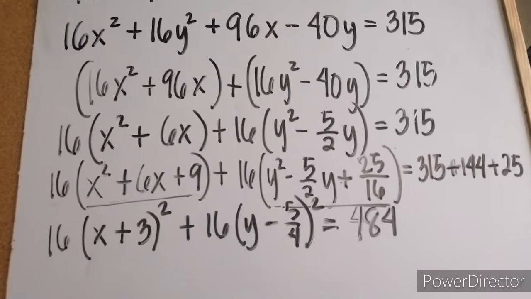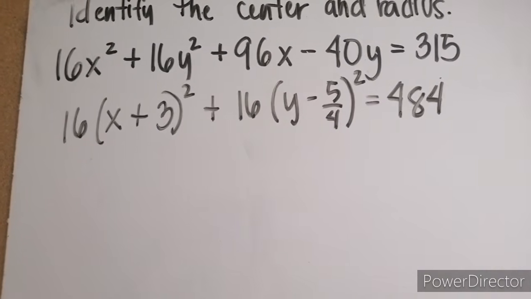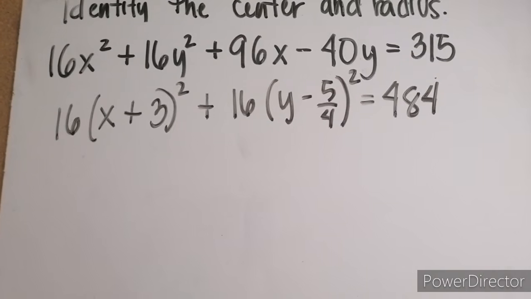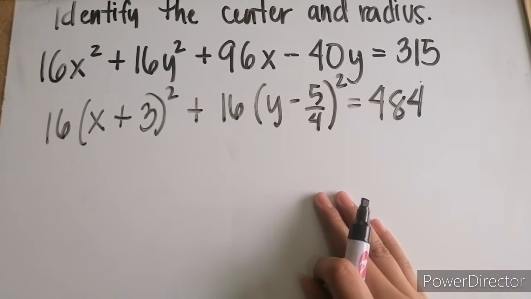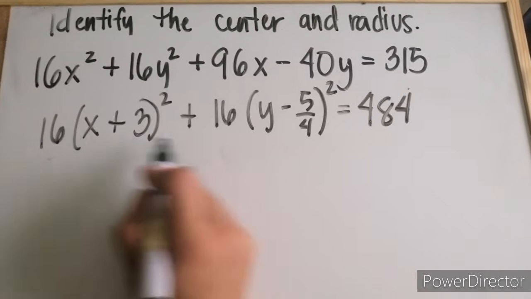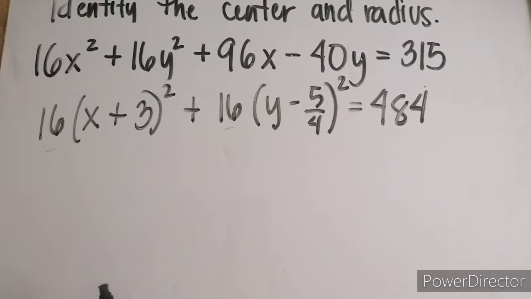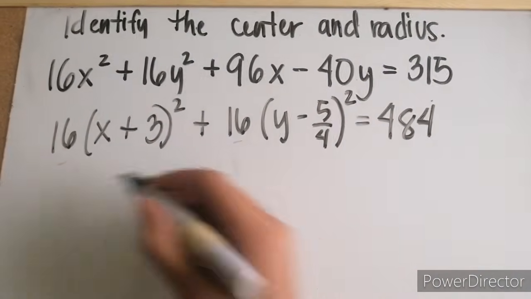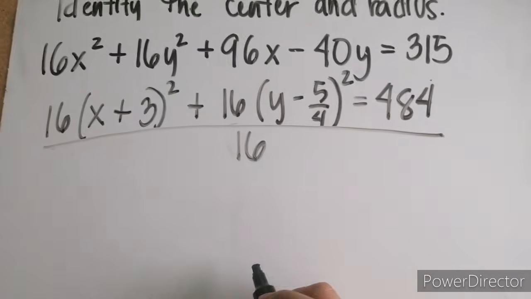Let me just clean it up for you. So as you can see, we are almost done solving, but it is not yet the standard equation of the circle, because we still have 16 over here. So what we are going to do is divide the whole equation by 16.